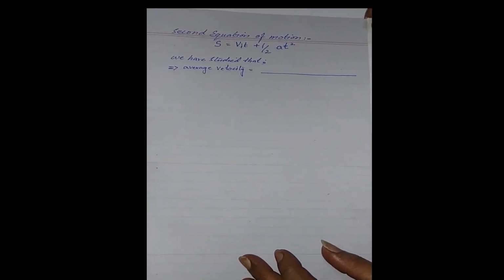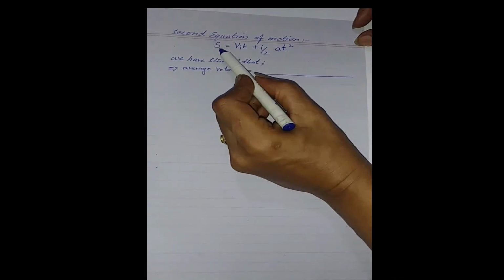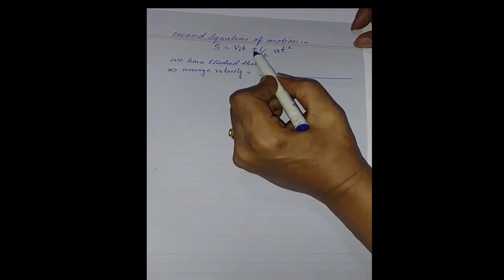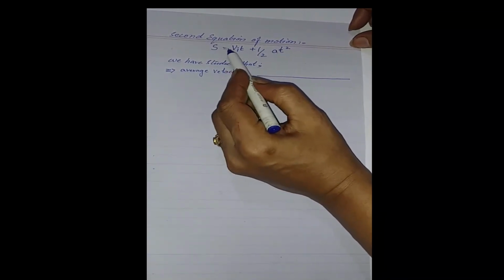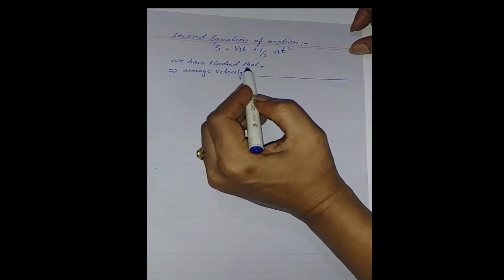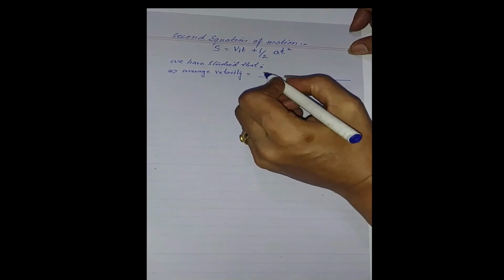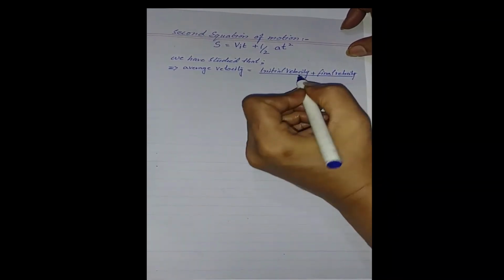Okay students, now we are going to derive the second equation of motion. Second equation of motion, S equals Vit plus half At square. We have studied that average velocity is equal to initial velocity plus final velocity upon 2.